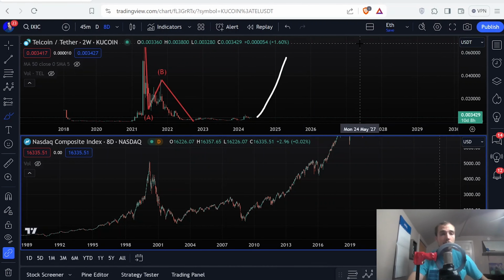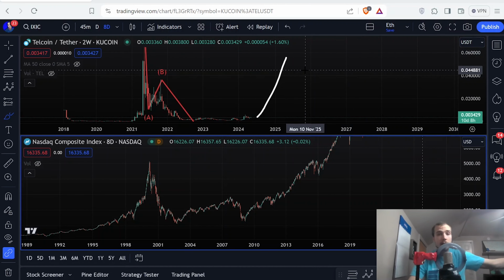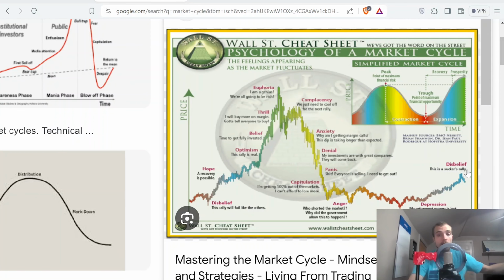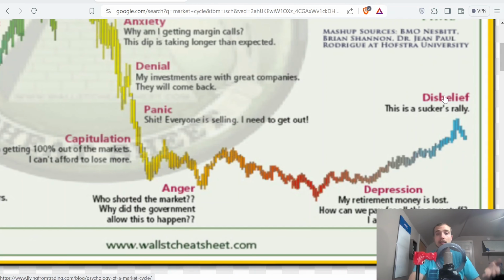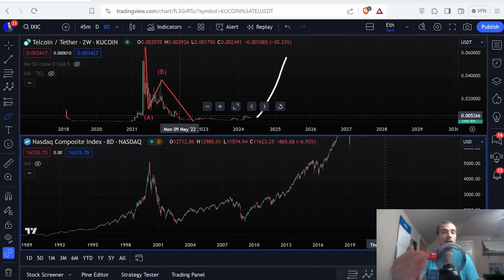It's in disbelief. If you don't believe it can go up, the part of the cycle that we're in is called disbelief. It's a natural emotion to experience. But once you understand this stuff, then you can position yourself, you can recognize that a lot of other people are in disbelief, and you can take advantage of other people's fear and actually buy the dip here and get ready for a big move on the upside.